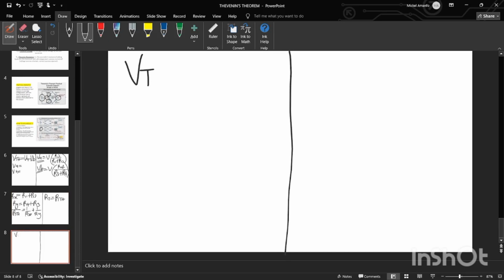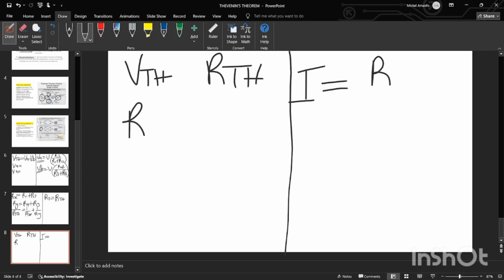Okay, so now we have our Thevenin voltage, we have our Thevenin resistance, and we have the resistor of the load or the bulb. How can we find the current?